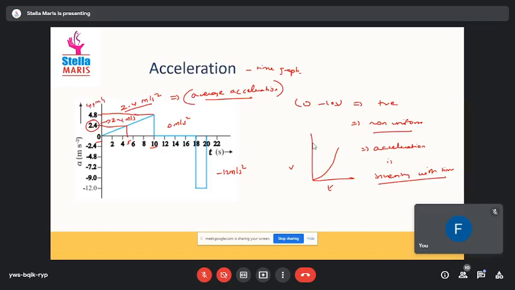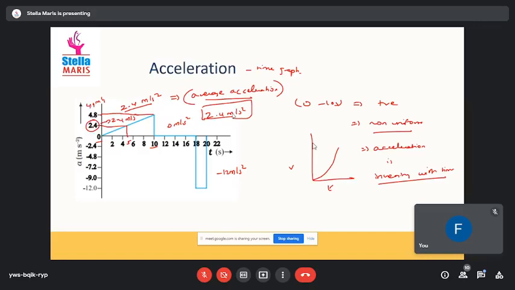So the acceleration is increasing. In terms of what? You understand this or not? The acceleration is increasing in terms of 2.4 meter per second squared.